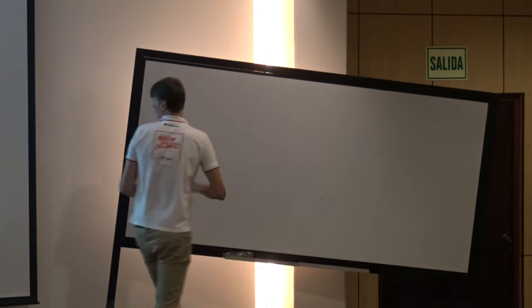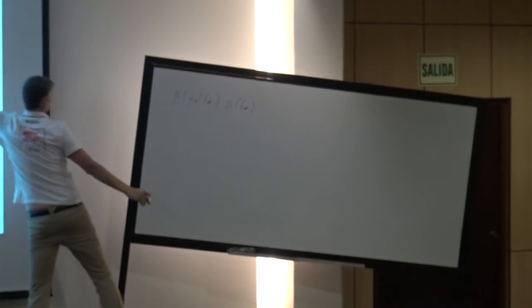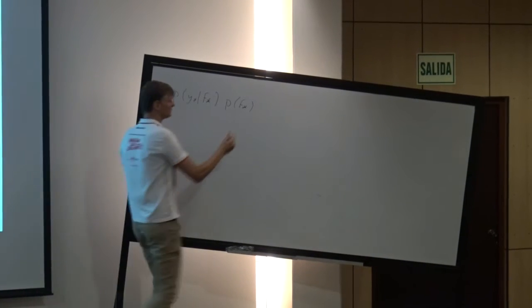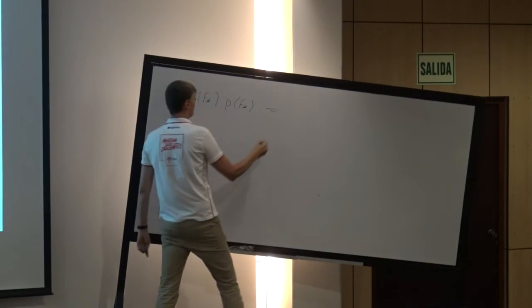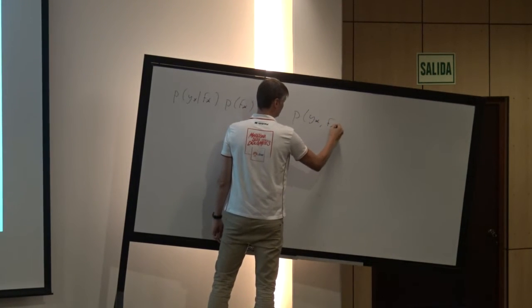But Bayes' rule in this case is we've got P of y star given f star. I'm going to leave off most of the conditioning. So this f star here has got a load of conditioning that I'm going to leave out. The product rule of probability tells me that that's P of y star comma f star.